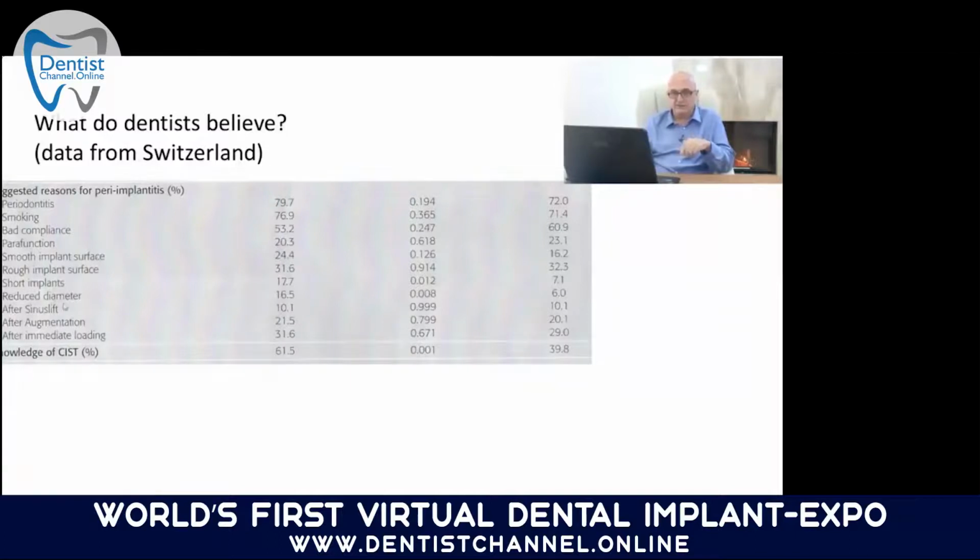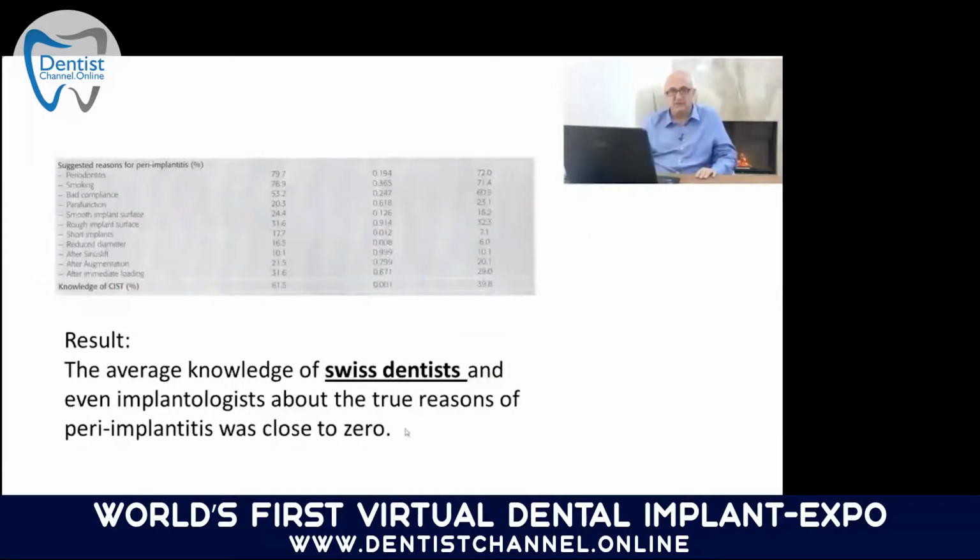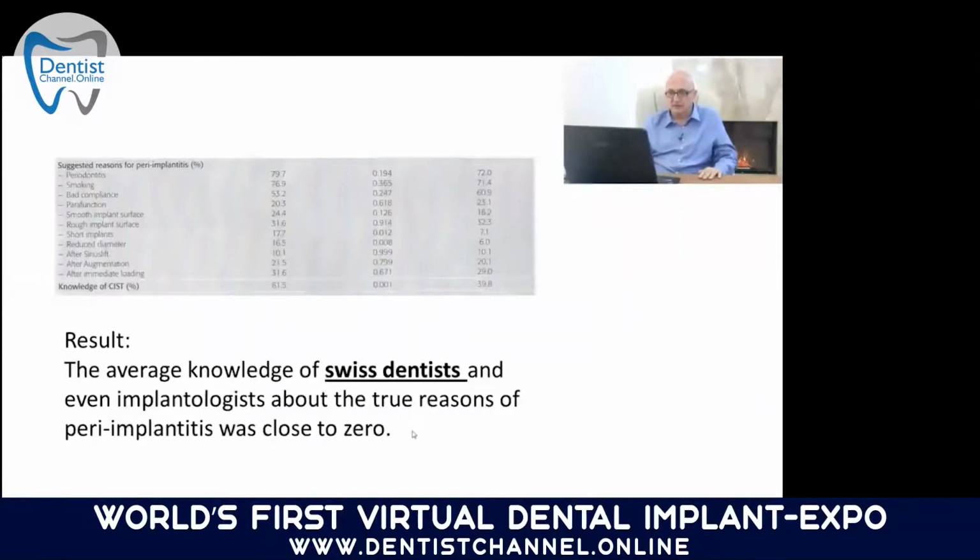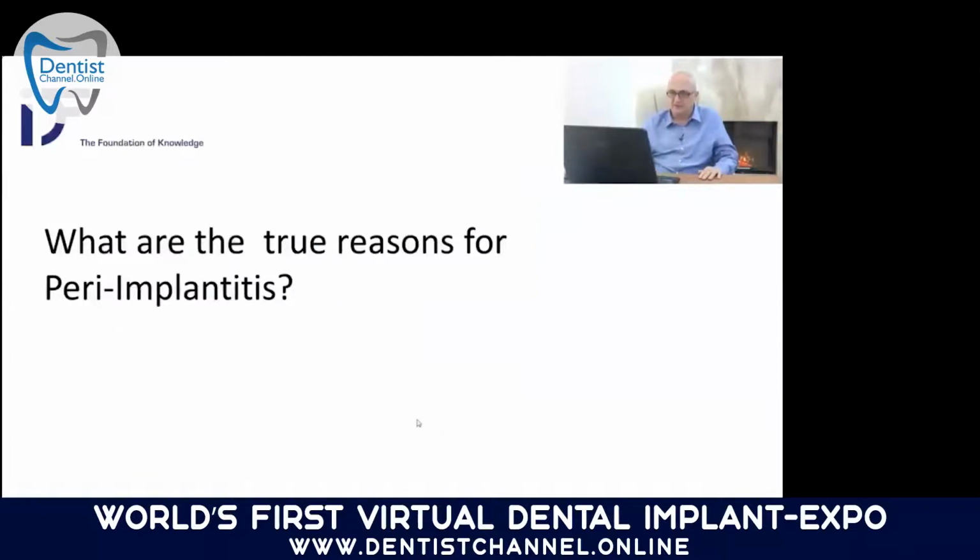Then short implants, reduced diameters, after sinus lift, after augmentation, after immediate loading. 30% think the immediate loading makes periimplantitis. Now, I don't know what to tell you, but I think simply the Swiss dentists don't have too much of a clue about all this, but this is the situation. I mean, this is the leading nation in dental implantology.